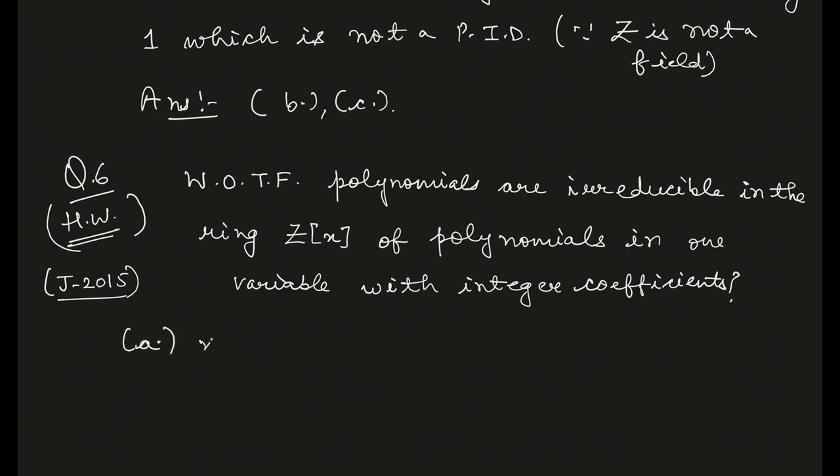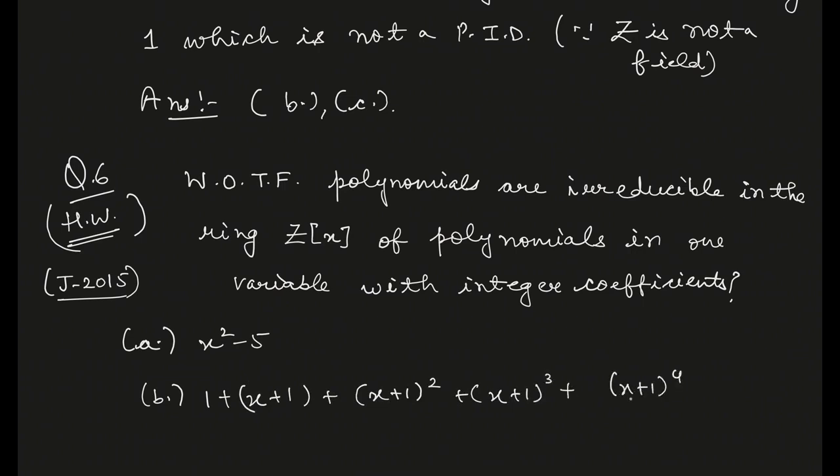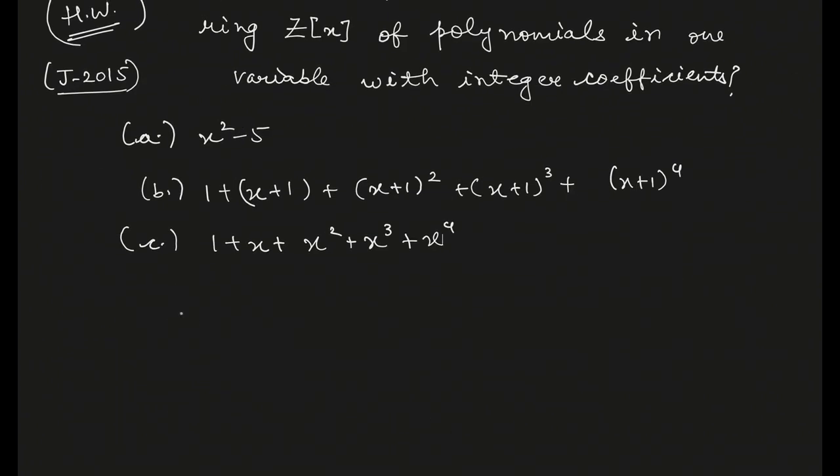Option A: x squared minus 5. Option B: 1 plus (x+1) plus (x+1) squared plus (x+1) cubed plus (x+1) to the power 4. Option C: 1 plus x squared plus x cubed plus x to the power 4. Option D: 1 plus x squared plus x cubed.